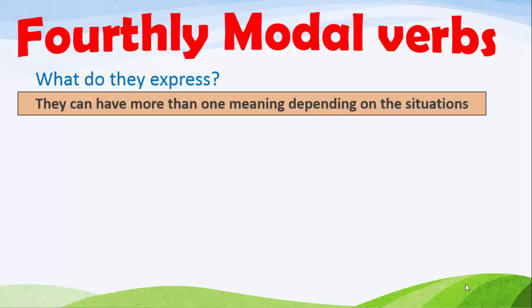We can see here that modal verbs can have more than one meaning, and these different meanings depend on the situation itself. So according to the situation, I can identify the meaning and the reference of the modal verb. We can understand the functions or the jobs of the modal verbs from this chart.